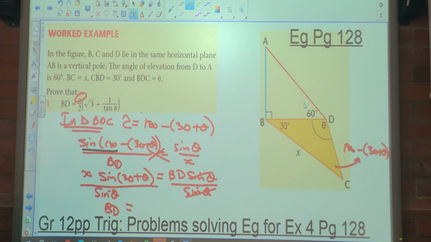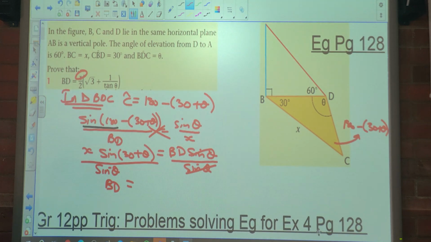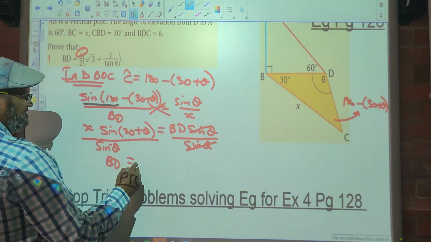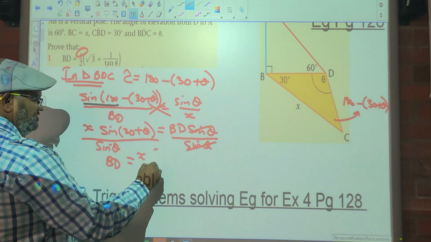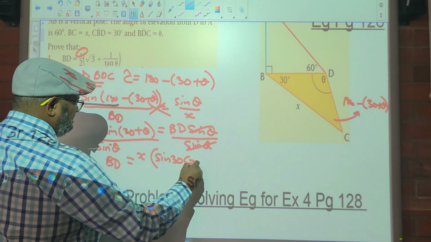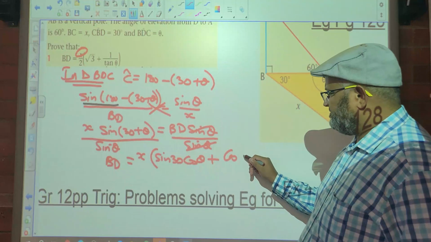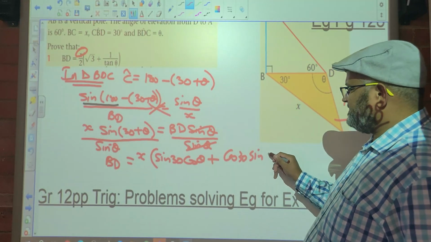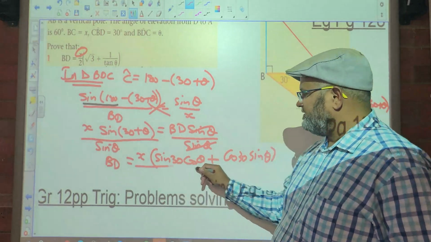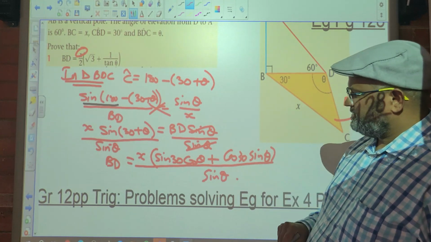We're going to use the compound angles here, not so? So it's going to be x into (sine 30 cos theta plus cos 30 sine theta), all over sine theta.